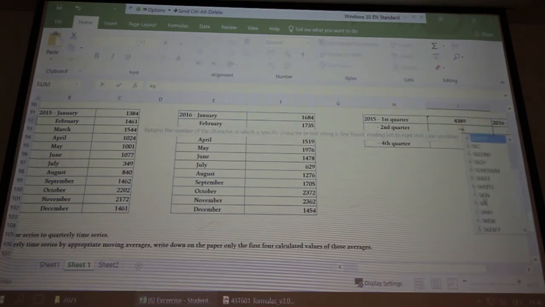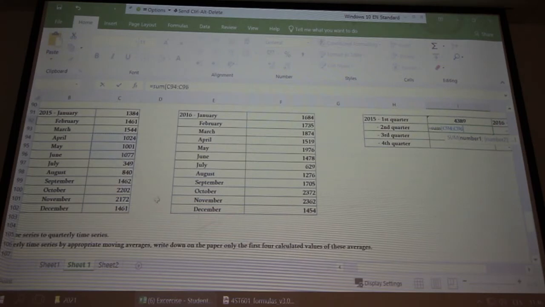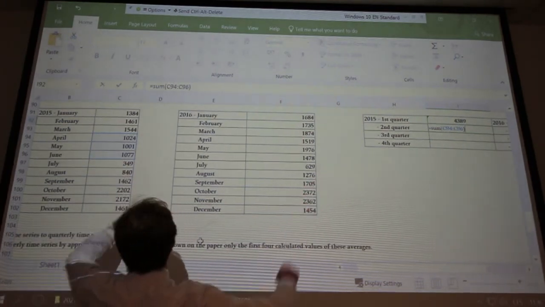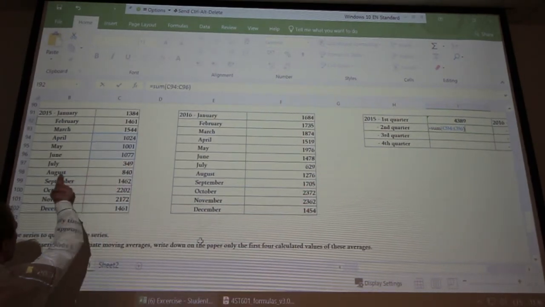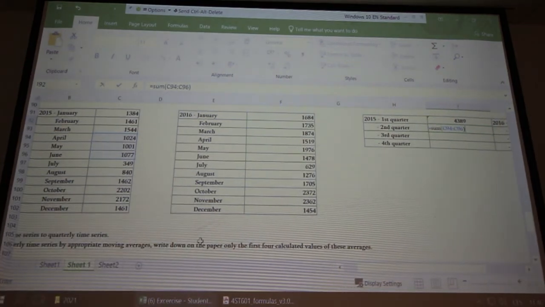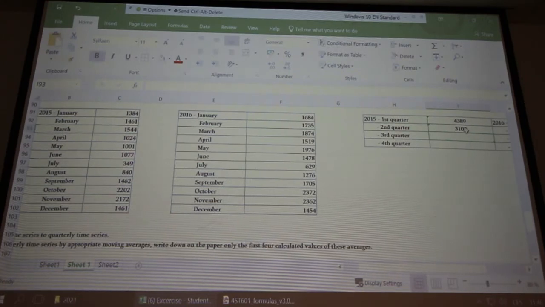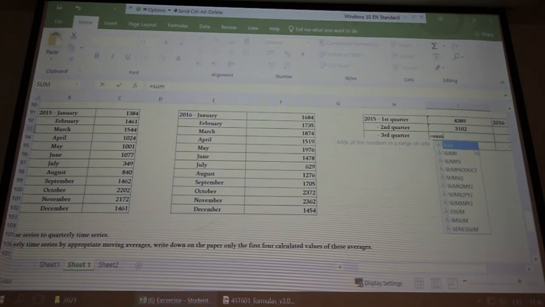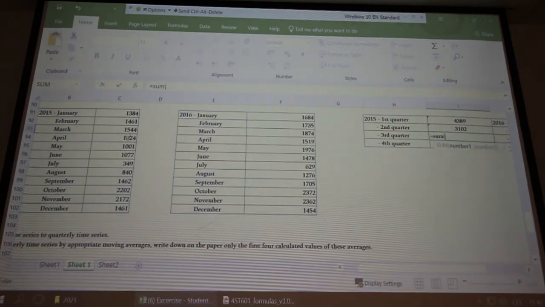Equal sign, summation of April, May, June. April, May and June is the result for the second quarter. After, July, August, September is the third quarter. So there we have the result 3102, equal sign, summation, July, August, September.